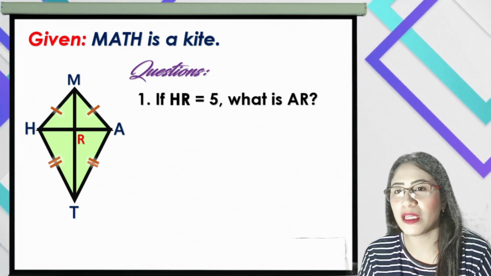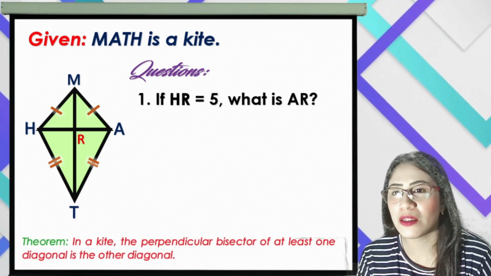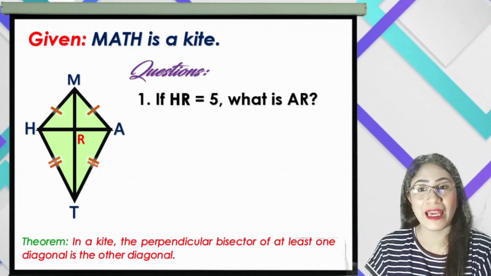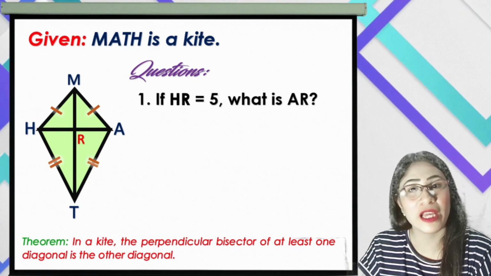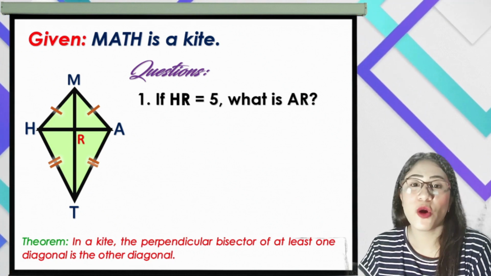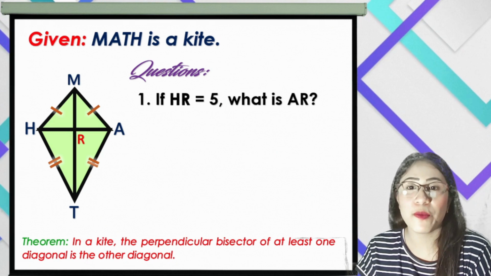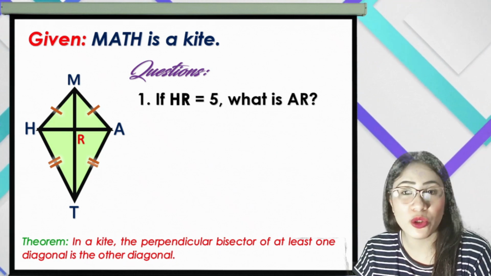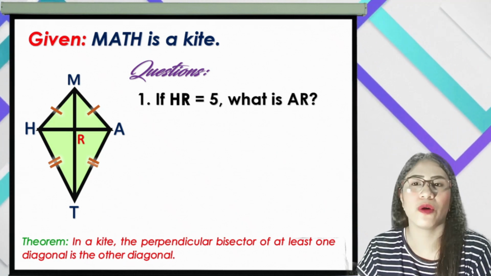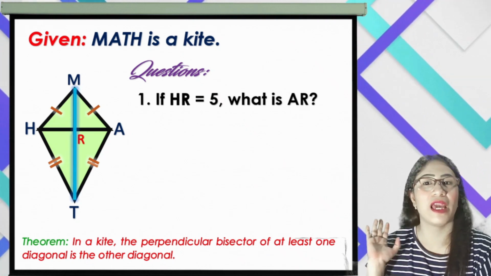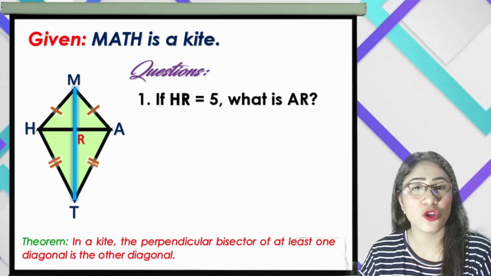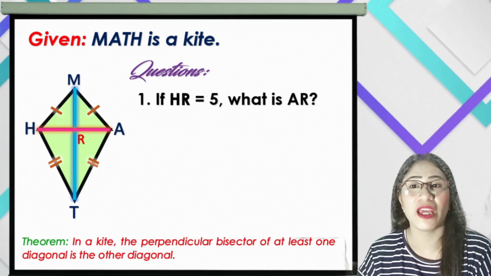So, in this given, the theorem involved is: in a kite, the perpendicular bisector of at least one diagonal is the other diagonal. In a kite, the longer diagonal is the perpendicular bisector of the shorter diagonal. So in this given, the longer diagonal, MT, bisects the shorter diagonal, AH.